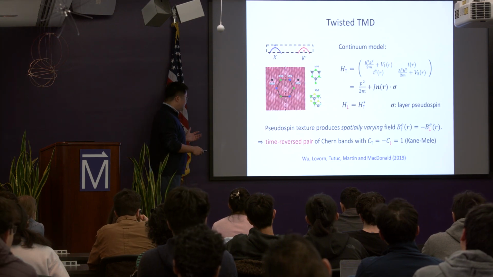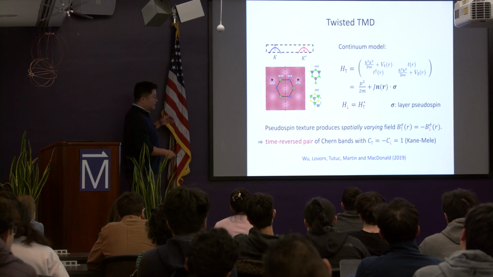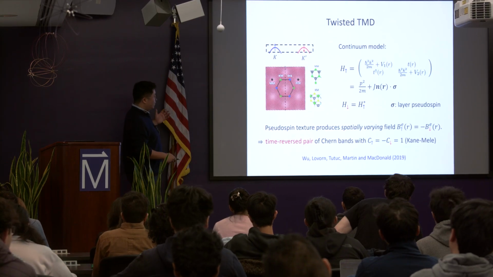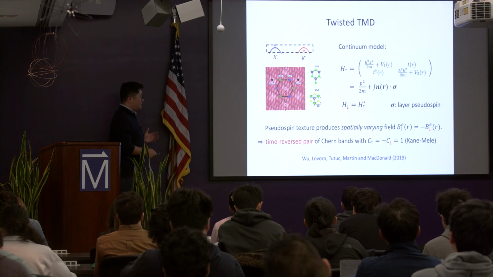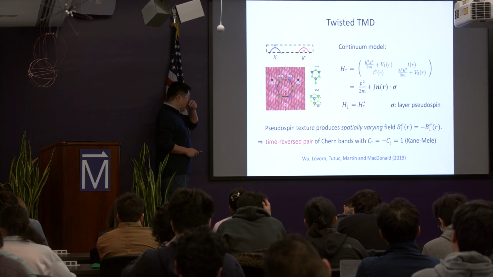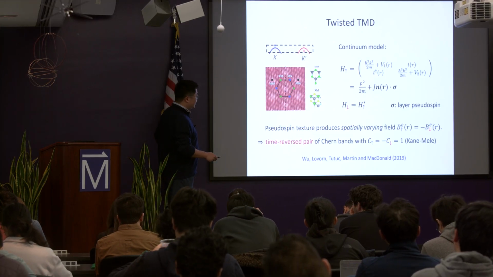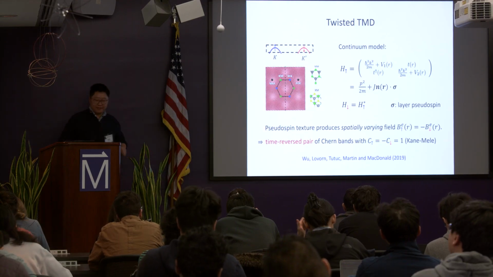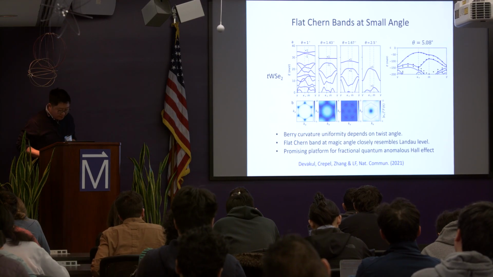So as a whole, at the level of band structure, we get time-reversed pairs of Chern bands with equal and opposite Chern number. So the whole system behaves as a quantum spin Hall system, very well described by the Kane-Mele model, and that was the original motivation for this work.